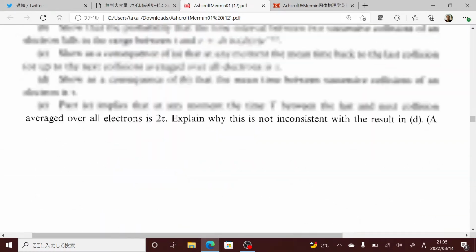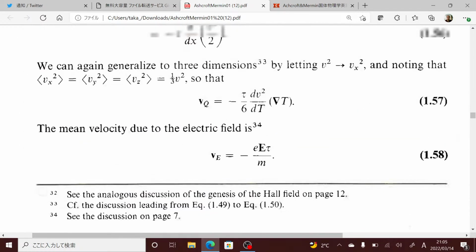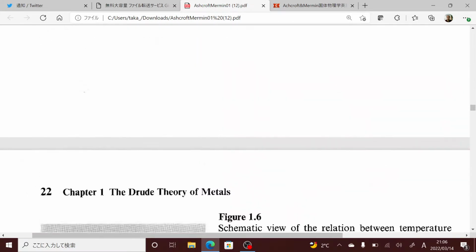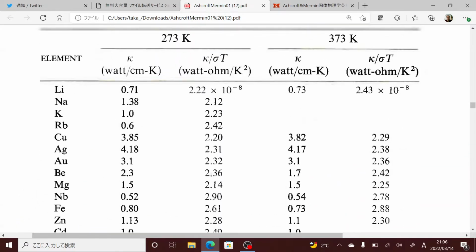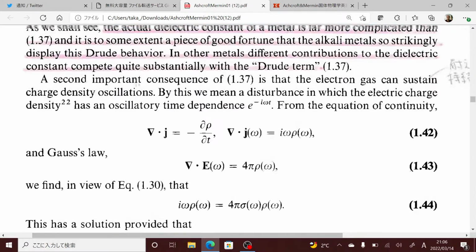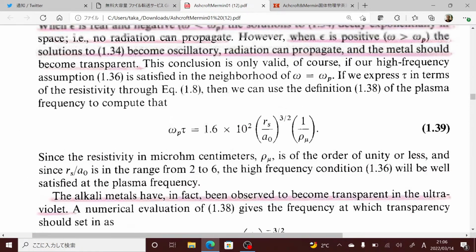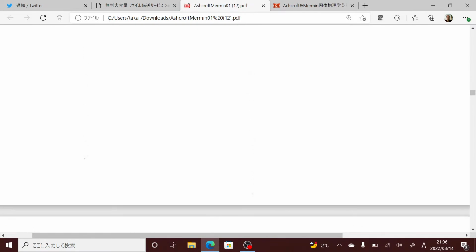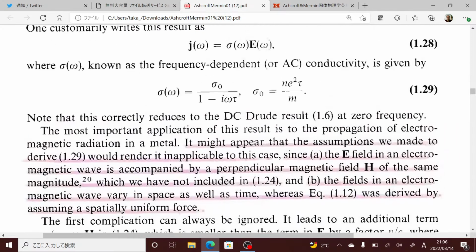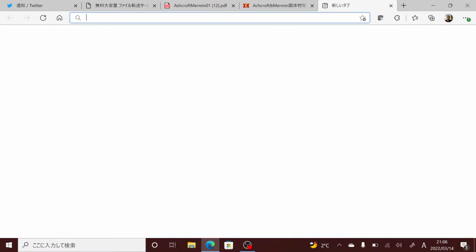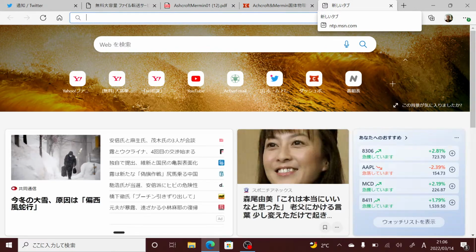What is 1.28? And this one, J omega, sigma omega, E omega.